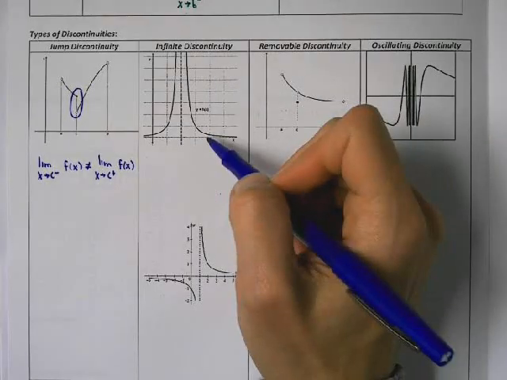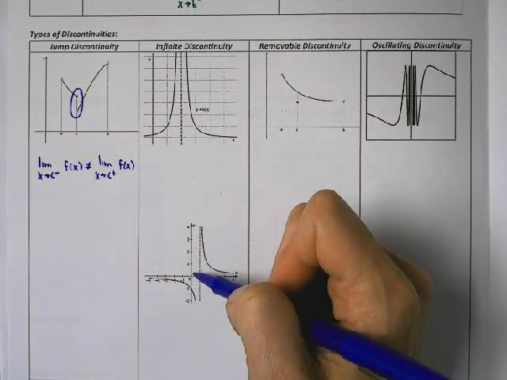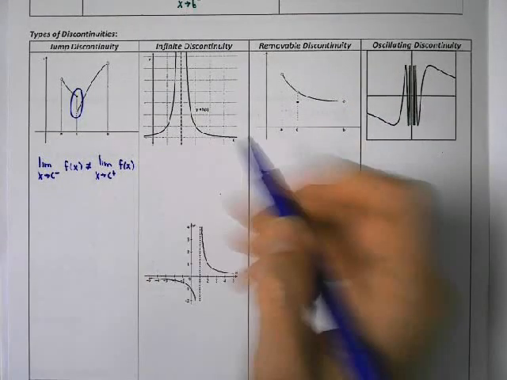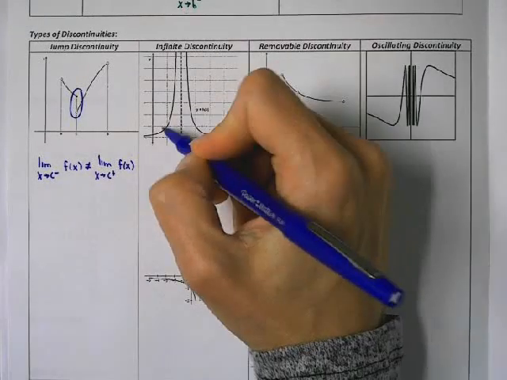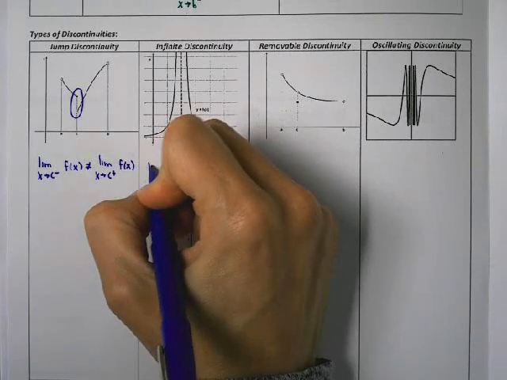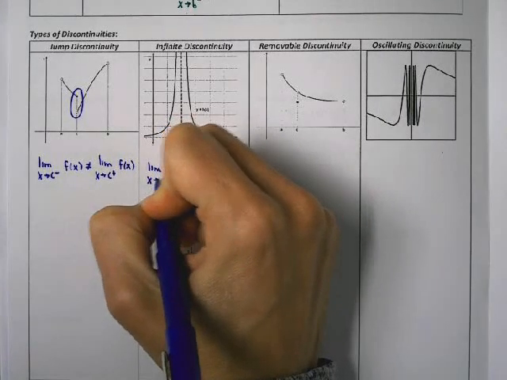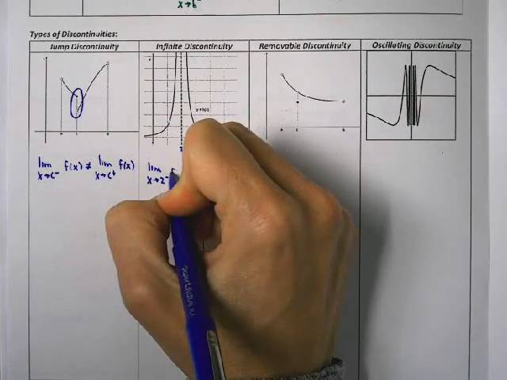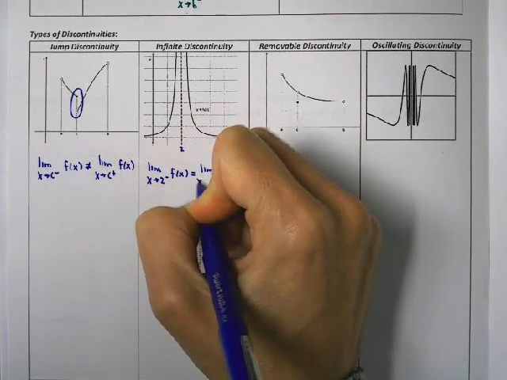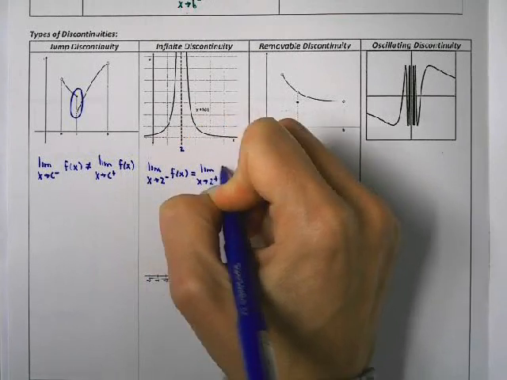Now, looking at infinite discontinuities, there's really two cases we could have. Up top here, it looks like at x equals 2, my limit from both sides is infinity. So we do know in this case that the limit as x approaches 2 from the left is equal to the limit as x approaches 2 from the right.